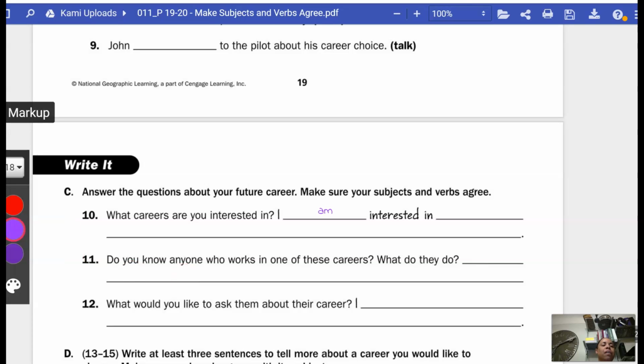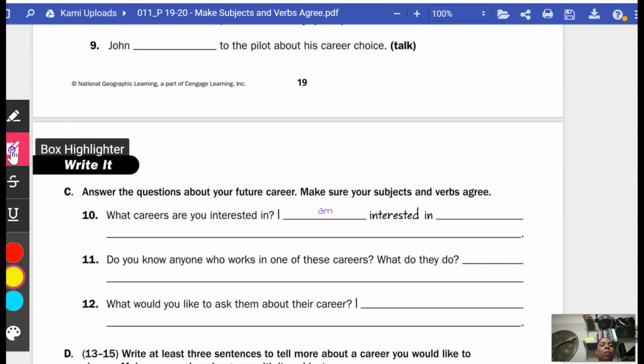So just to give you a little bit more help, let's go ahead and highlight the subject of each sentence. That way you'll already know if it's singular or plural. So let's take a look at number 11. Do you know anyone who works in one of these careers? What do they do? Okay, so for this one, we know it's going to be plural because we're asking about what they do.